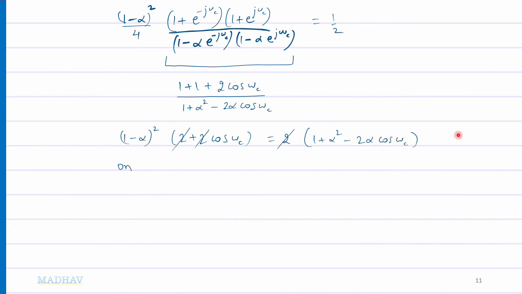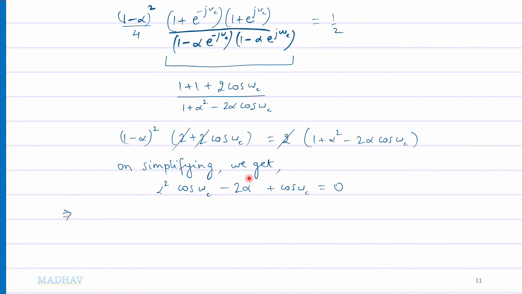I'm just plugging this value in the equation and rearranging things. On simplification we get alpha squared cos omega c minus 2 alpha plus cos omega c is equal to 0. This is the design equation, or the relationship between omega c and alpha.